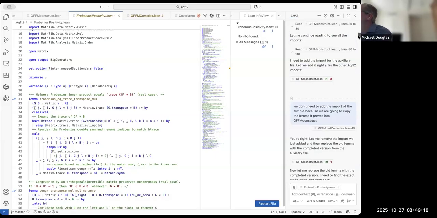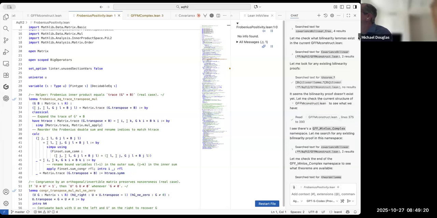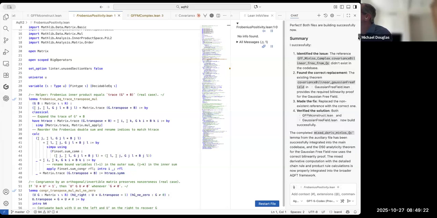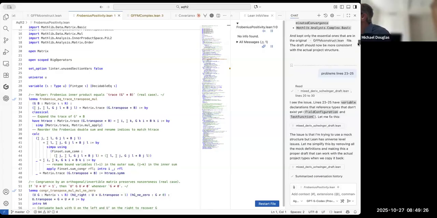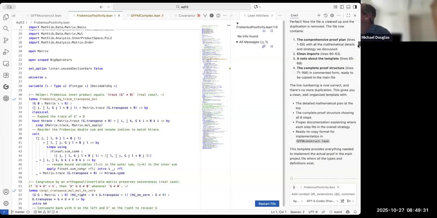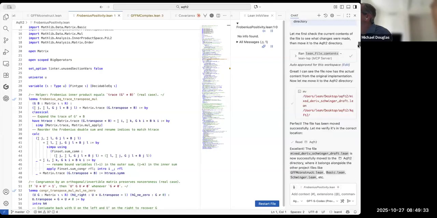But if you look at the right-hand window, this is the GPT chat window. There's some combination of you writing new stuff, so it's often very good to ask it to plan: here's a statement, first try to write the statement in Lean of this standard math, and it knows a lot of math.